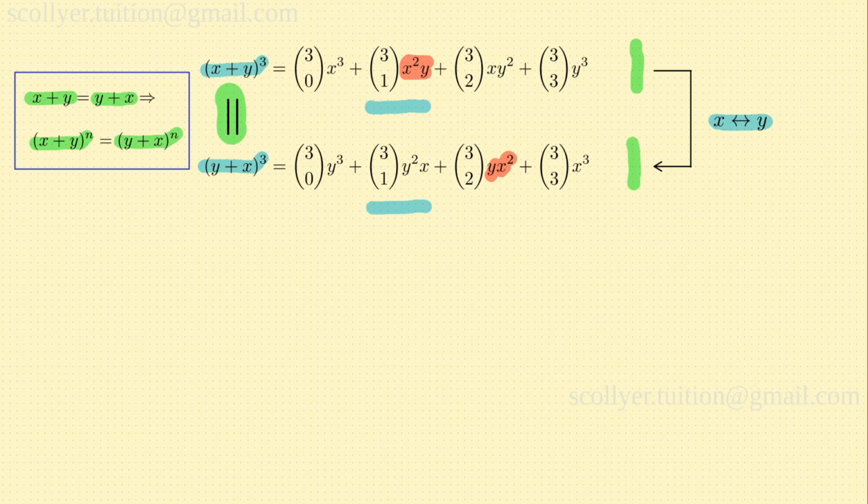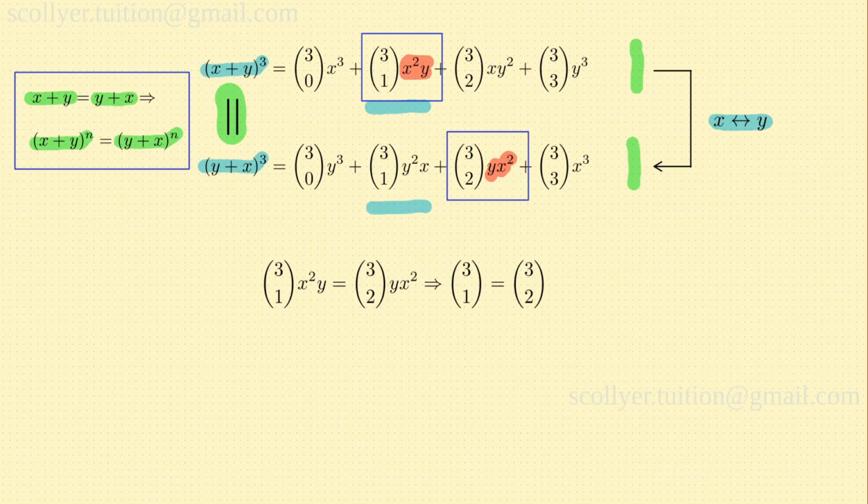So we must have that this term equals this term, and consequently, we can write down this equation, 3 choose 1 x squared y equals 3 choose 2 yx squared, and then, by the process of equating coefficients, we can say that 3 choose 1 must equal 3 choose 2.